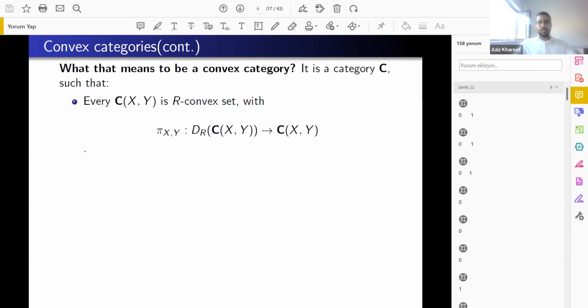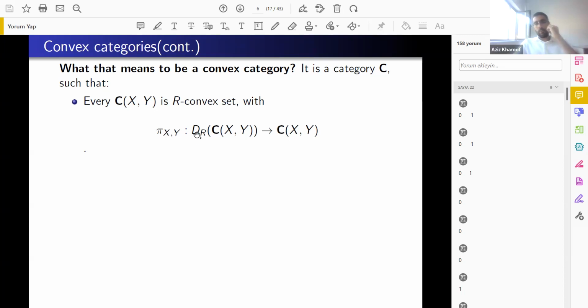That means that for every hom in this category, C(X,Y) is an R convex set with this structure, because we defined an R convex set as an algebra over DR. So we need this structure map.